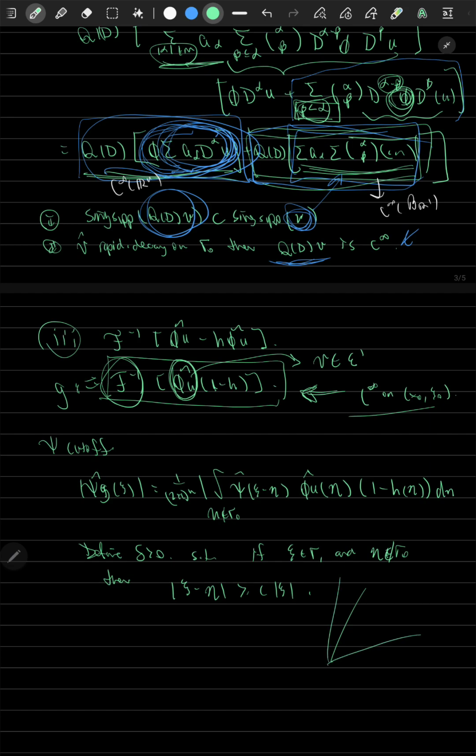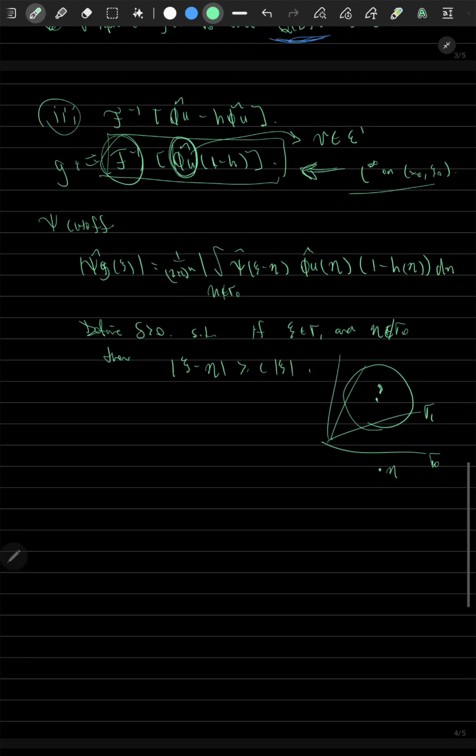And what this means basically is that if we have gamma 1 and gamma 0 here, and we choose xi here, then we can always find delta small enough such that if eta is outside of gamma 0, out here, then this ball will not contain eta, right? So this is, I guess, a fairly intuitive assertion.